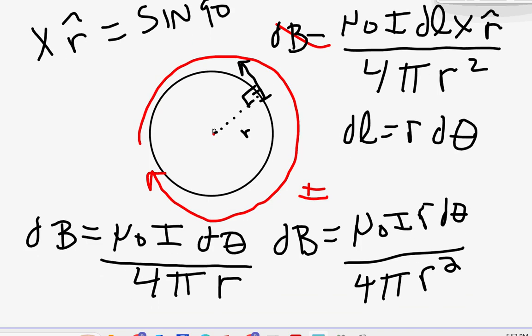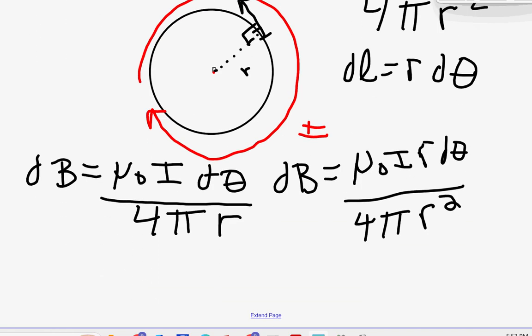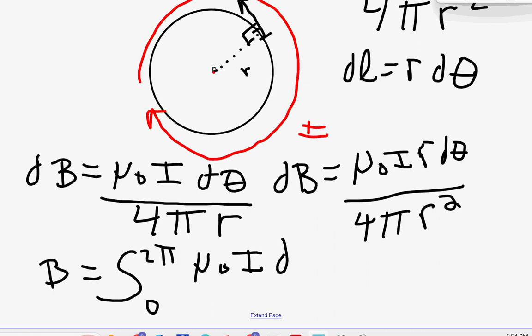Now, of course, to get the magnetic field, we'll need to integrate this. We're integrating around the entire circle, so this is going to be from 0 to 2 pi of mu naught I d theta over 4 pi r.